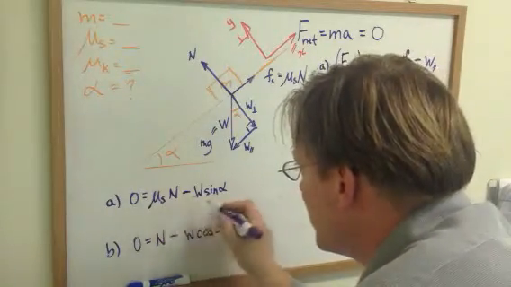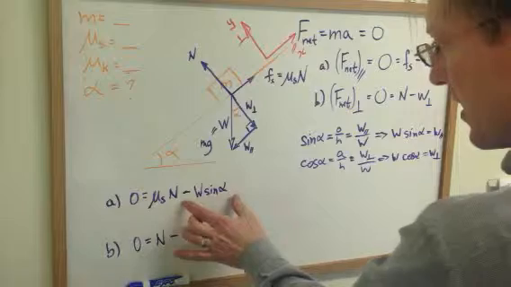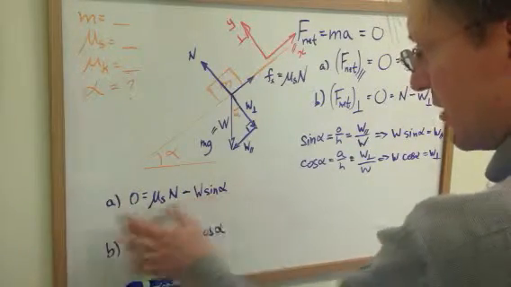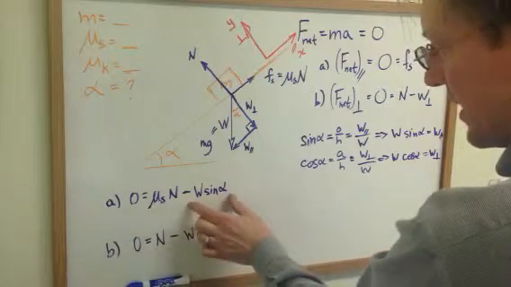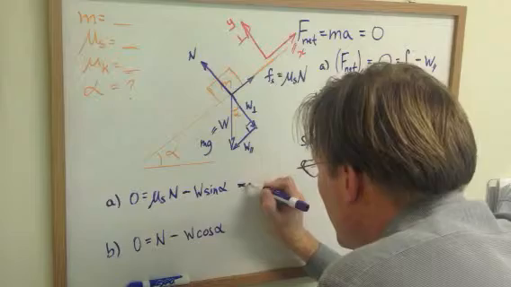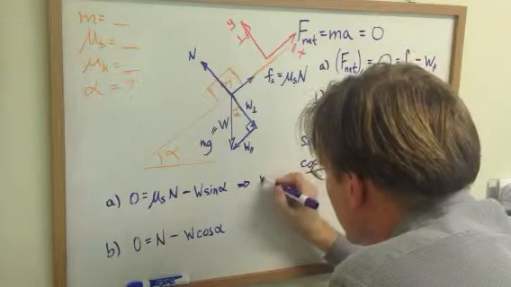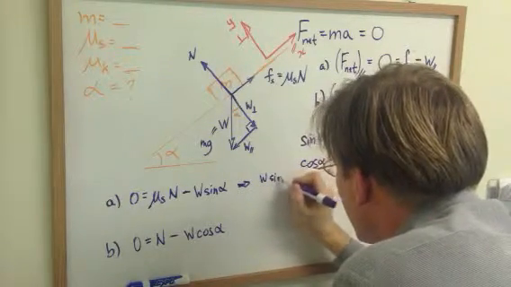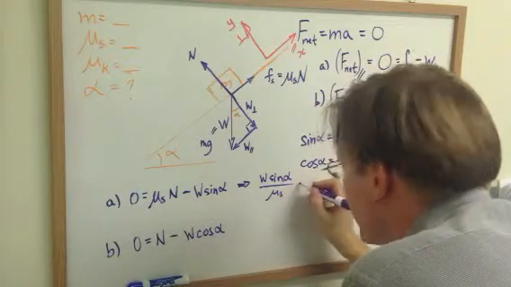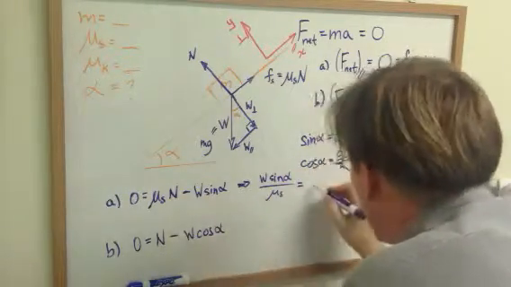So if I bring this to the left side by adding w sine alpha to both sides, and I divide by mu s, I'll have w sine alpha over mu, the static friction coefficient, is equal to n.